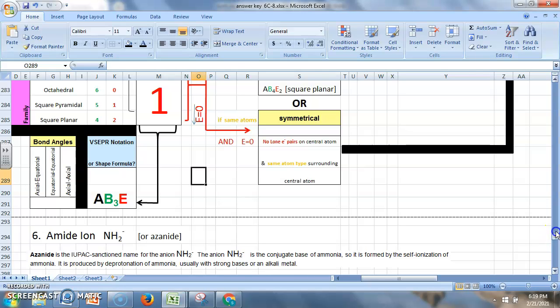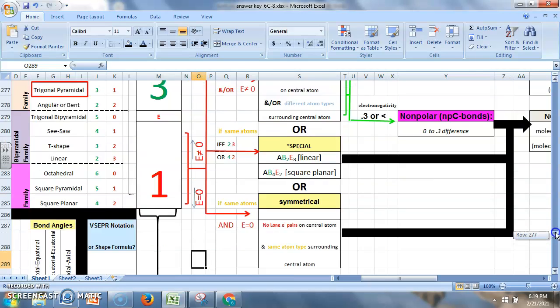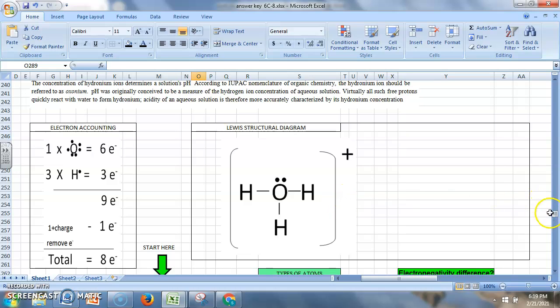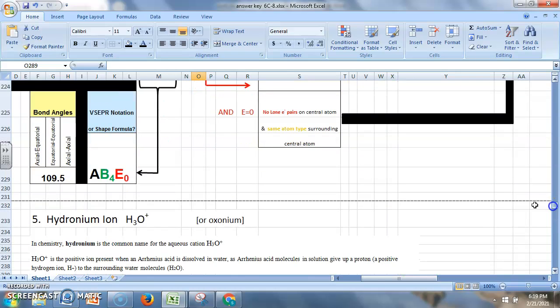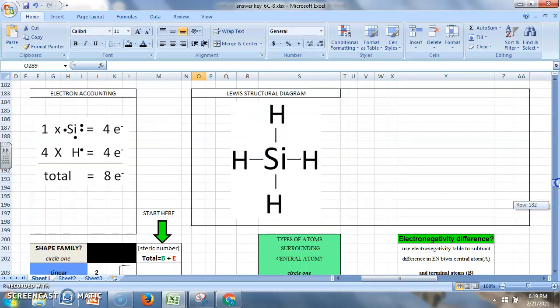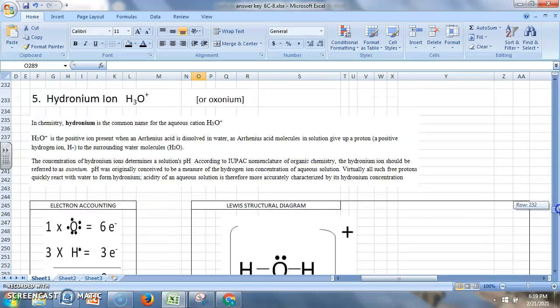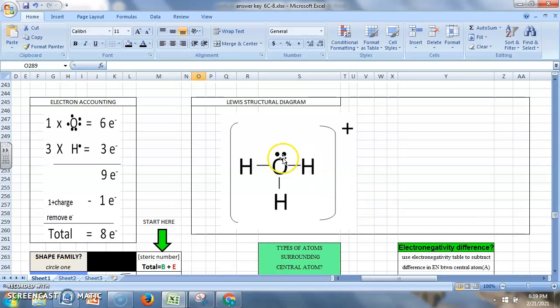What are the bond angles for the trigonal pyramidal? Well, we remember when we had tetrahedral, the bond angles were 109.5. And that's when we had 4 atoms. But when one of the atoms is replaced with a lone pair, as we see here, that lone pair repels better. So the angle will push the atoms closer than 109.5.